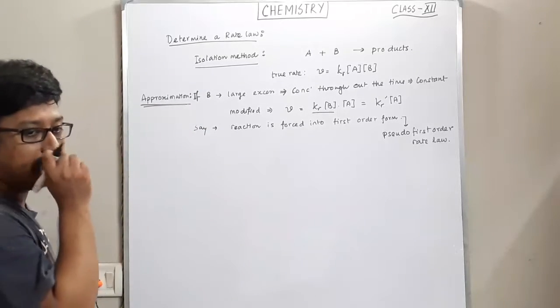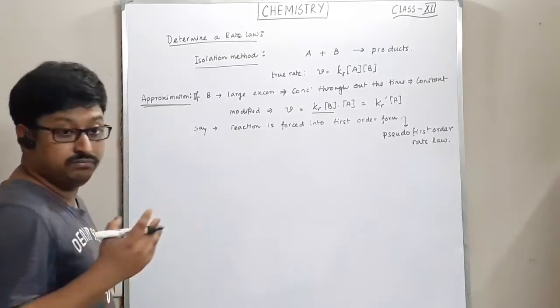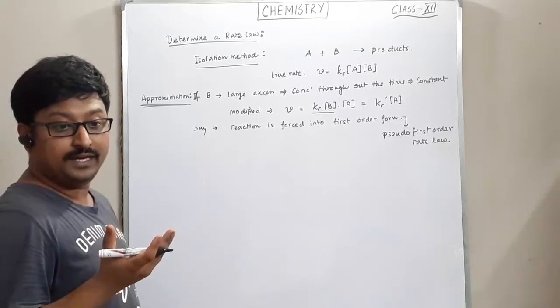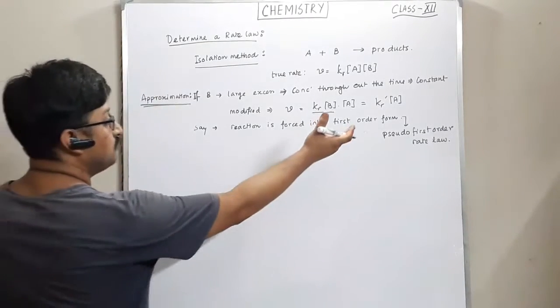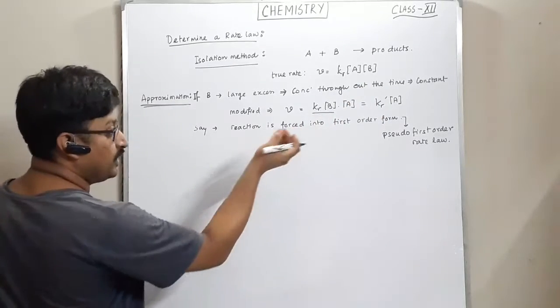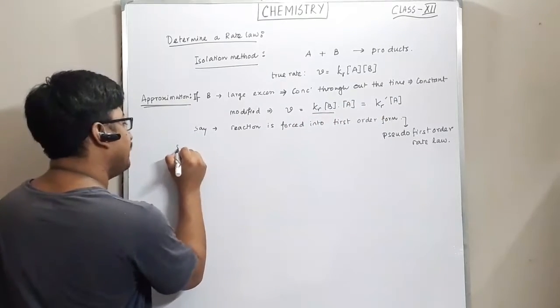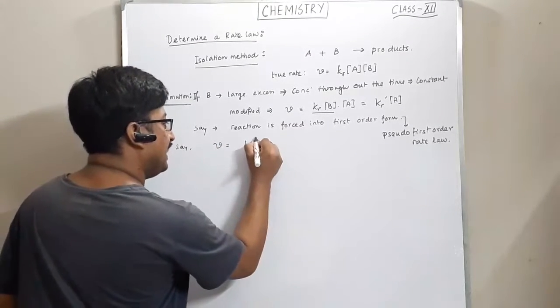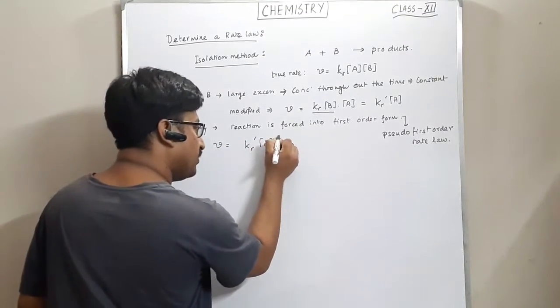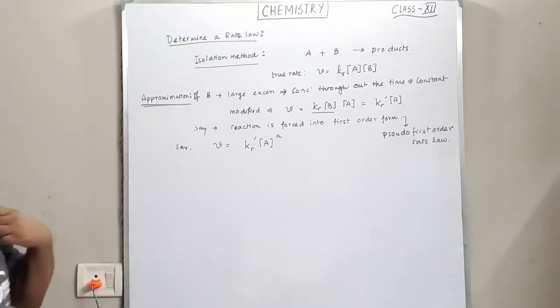Now, definitely we cannot assume that, so we have to put an order here. Let's say the rate is basically generalized as k_r prime concentration of A to the power a, where a is the order.